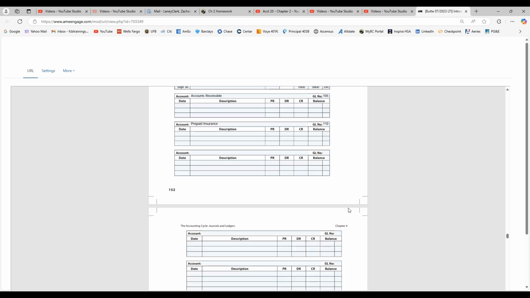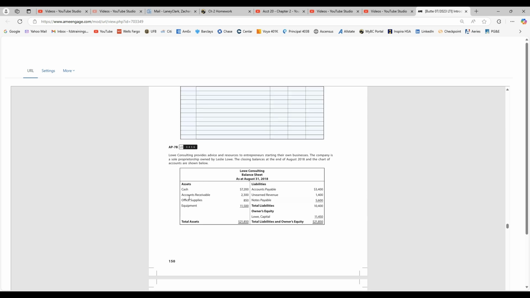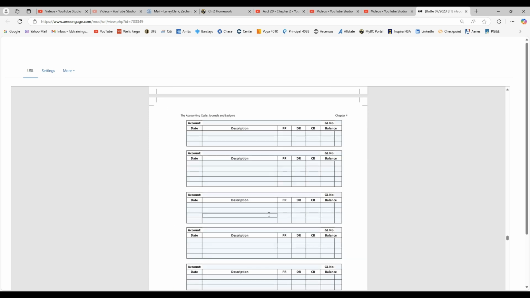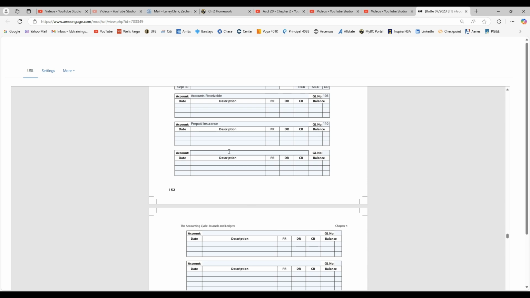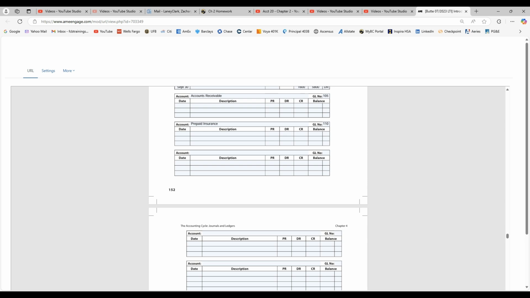And so you just go down the list: cash, office supplies, equipment, then accounts payable, unearned revenue, notes payable, capital, withdrawals. That's one account that you will need to create. That's not in the listing necessarily, so make sure you've got that one. And then you can go to service. Maybe I'll just do that for you guys. That might be just a little tricky. So I'll finish this out for you guys.